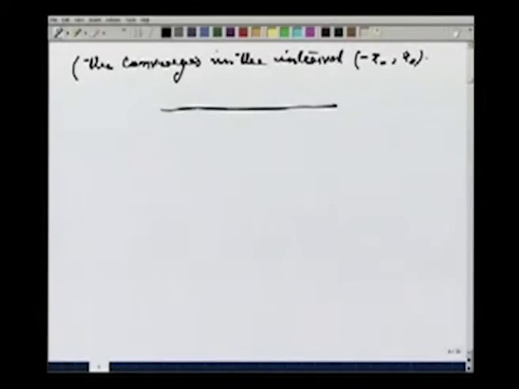But what is happening is that whenever you have some point, so in picture what it means is this: let us say 0 here and x naught here, and suppose the power series converges at this point.